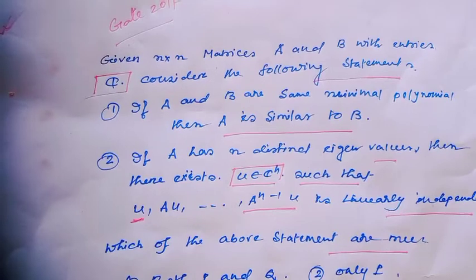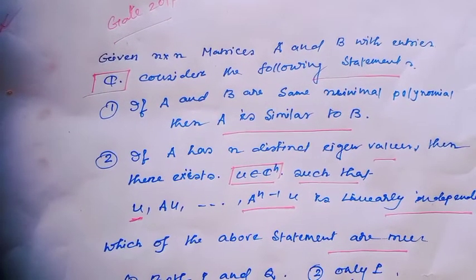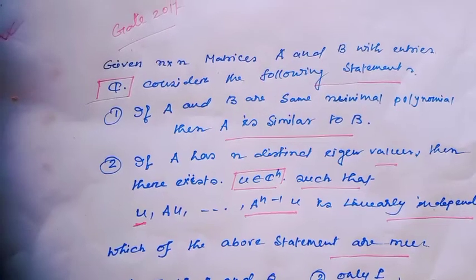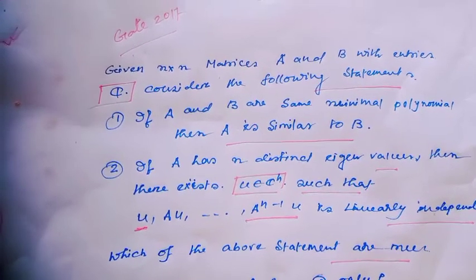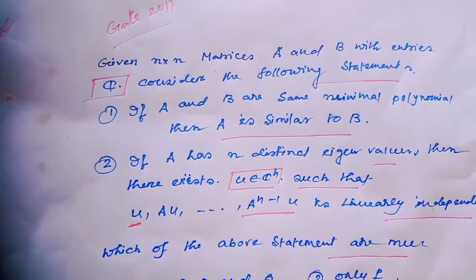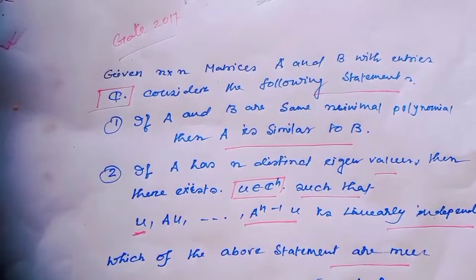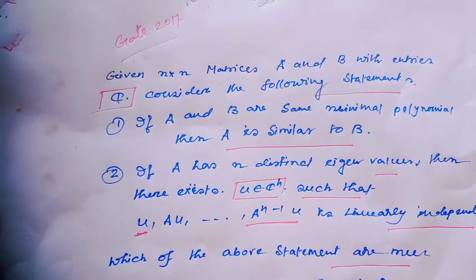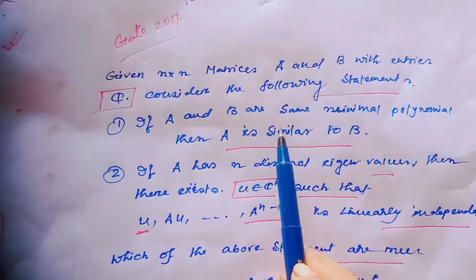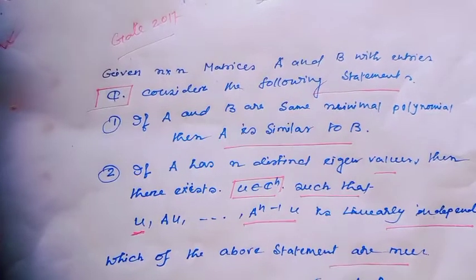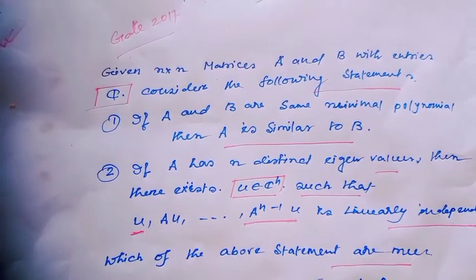When two matrices are similar, then their minimal polynomial, characteristic polynomial, rank, and every property are the same. But here it has been stated the opposite way: if their minimal polynomials are the same, then they are similar.